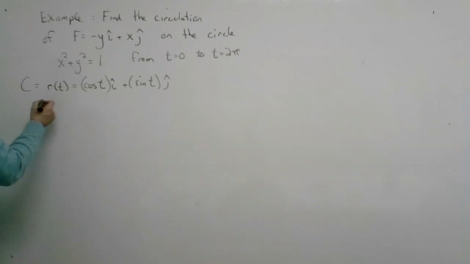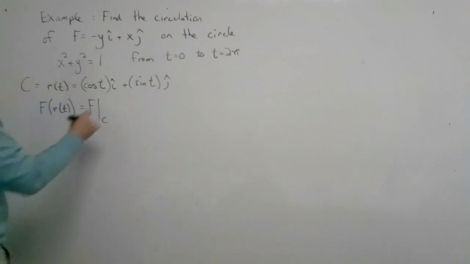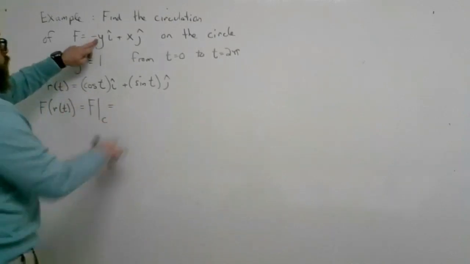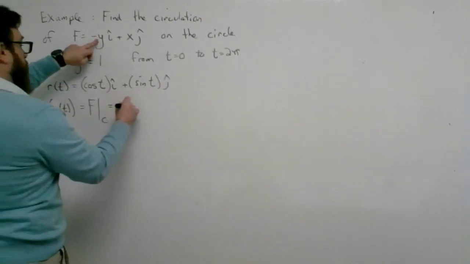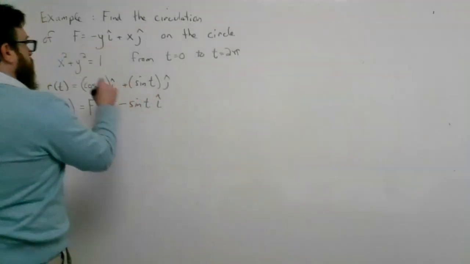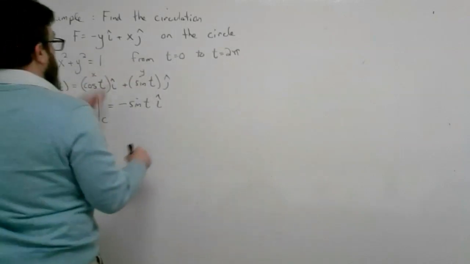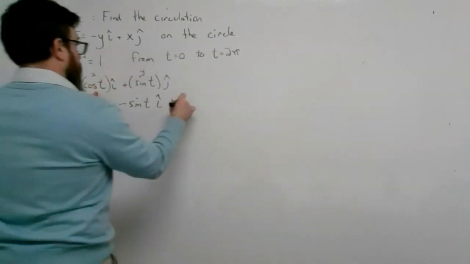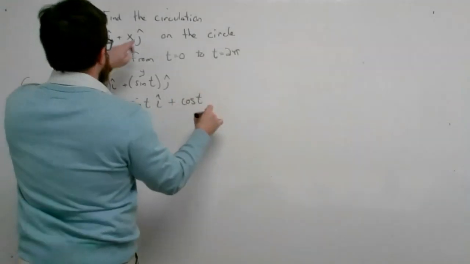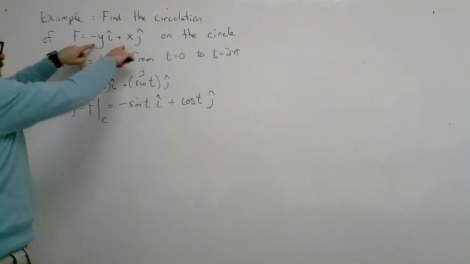So F evaluated at r of t is going to be equal to, well, y is going to be the sine function, so minus the sine of t i. Remember, this is your x and this is your y. And then plus x, which is the cosine of t, and that's your j function. So plug x and y into here.